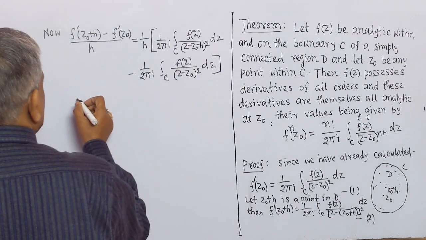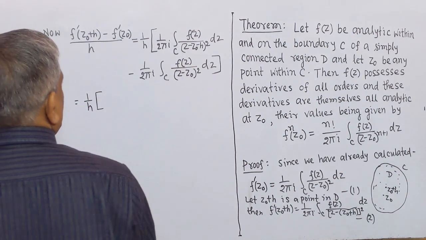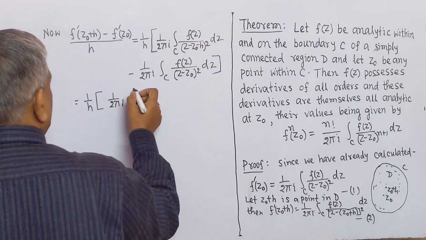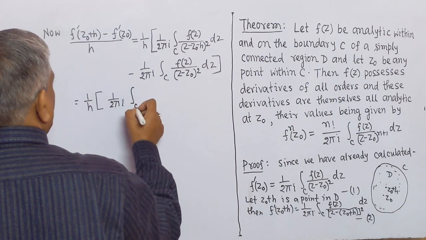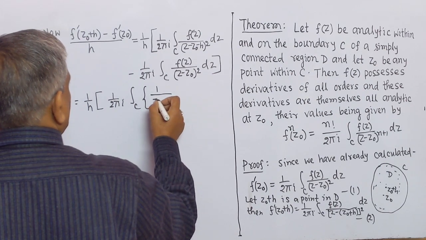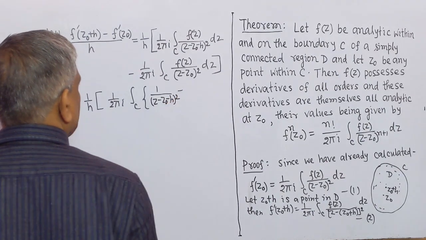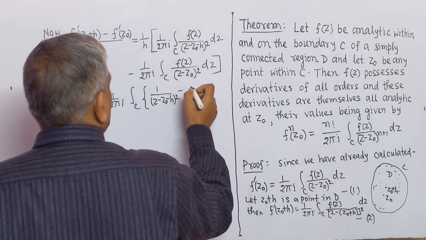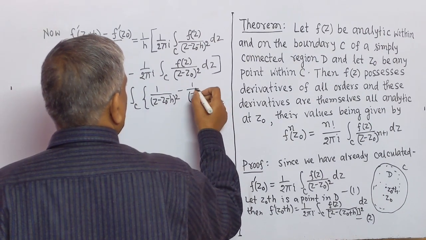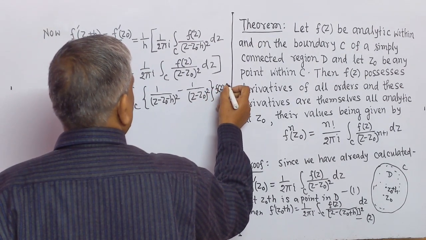This will be equal to 1 by h, here common 1 by 2 pi i, integration along the curve C, of 1 by (z minus z naught minus h) whole square minus 1 by (z minus z naught) whole square, times f(z) dz.